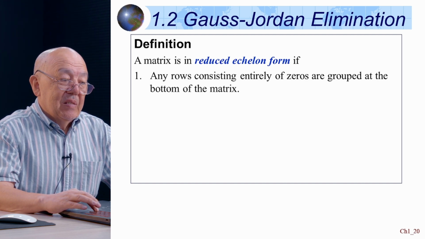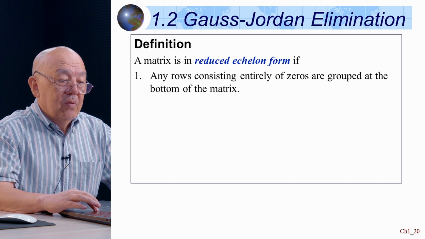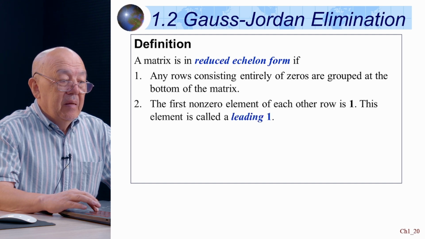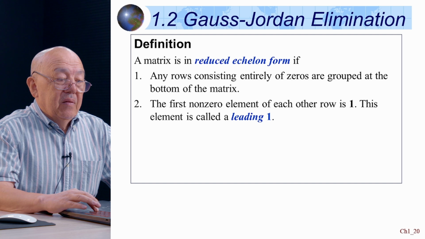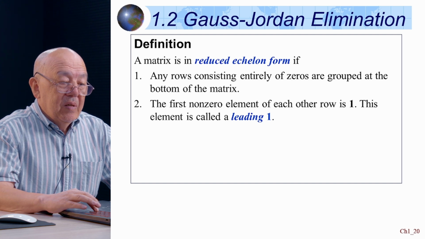The conditions are the following. First, any rows consisting entirely of zeros are grouped at the bottom of the matrix. Second, the first non-zero element of each other row is 1. This entry is called the leading 1, or just the leading entry.